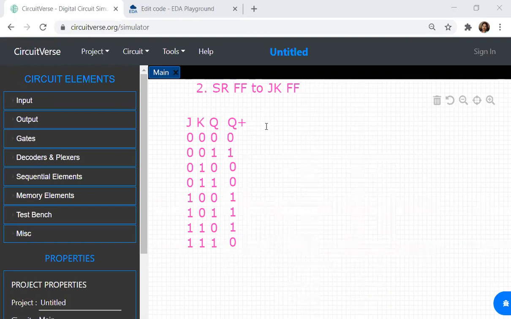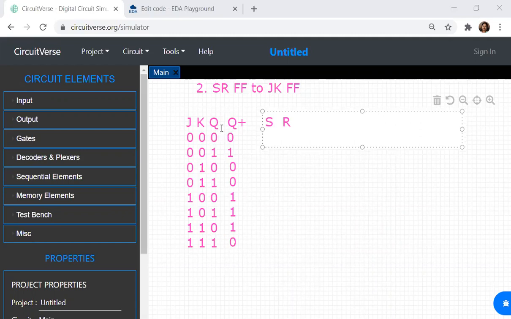All this is with respect to the inputs. Next, what flip-flop do we require now? SR. So we require S and R. Now what will happen to S and R? We have to note down for all the combinations. Now we have to write this from Q and Q plus.